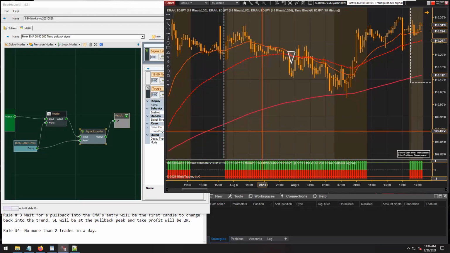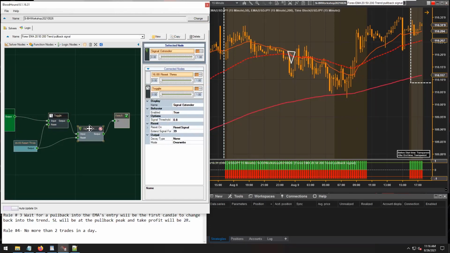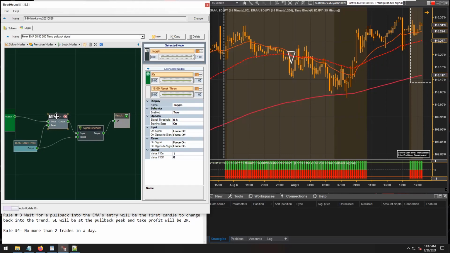So as a good practice, you should try and keep things as simple as possible until you're otherwise shown that you need to take a more difficult route. That's what I was trying to do here. I was taking our toggle node and just feeding it into the signal extender.